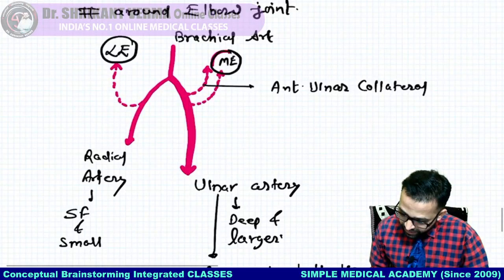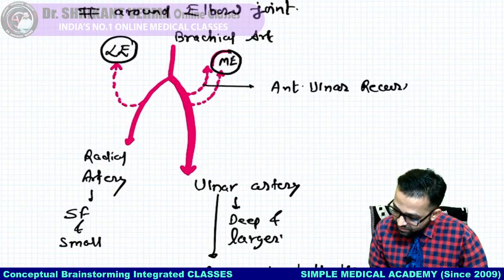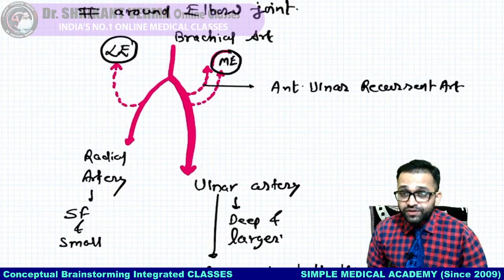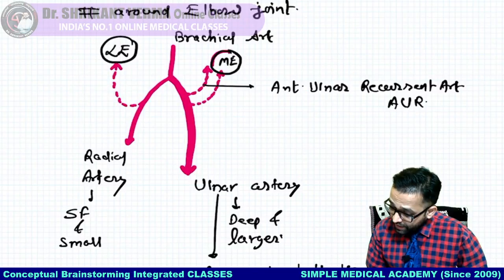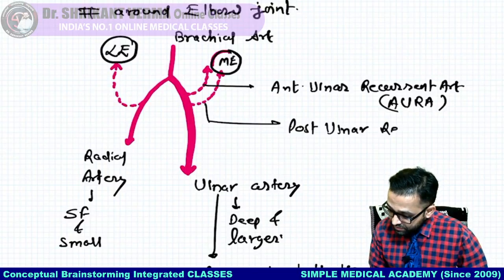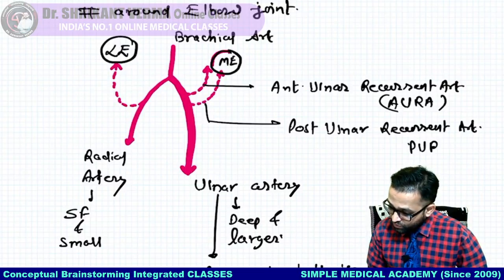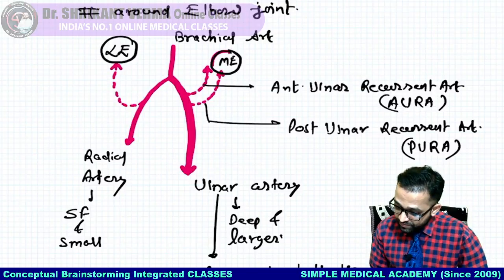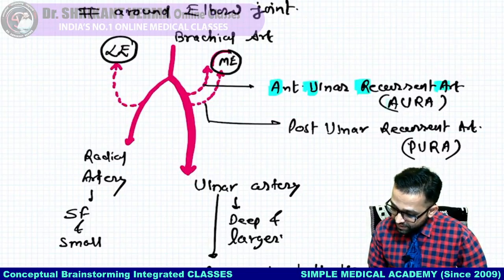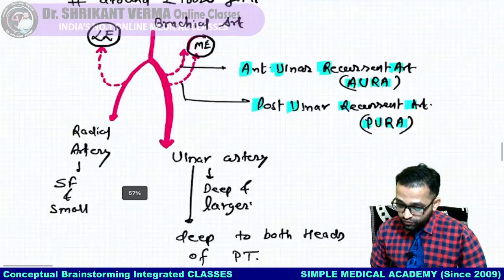Okay, anterior ulnar collateral, or better to say anterior ulnar recurrent artery, which we have given the name AURA. Do you remember? And another one was the posterior ulnar recurrent artery, which we gave the name PURA. AURA and PURA. These all are the content of the cubital fossa.